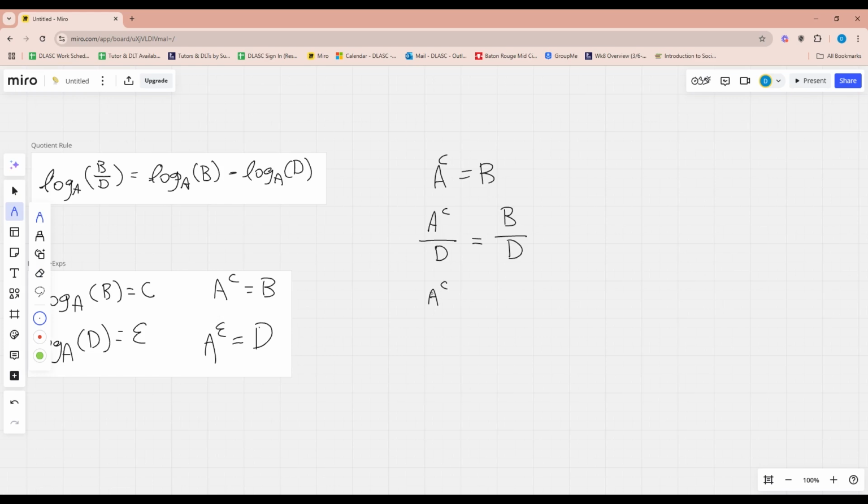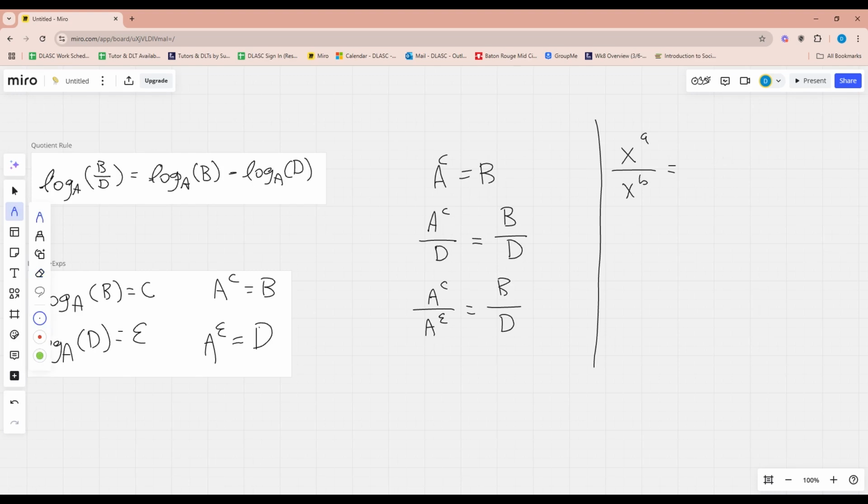So I'm going to have a to the c over a to the e is equal to b over d. Now we can use an exponent rule, which is that x to the a over x to the b is equal to x to the a minus b.